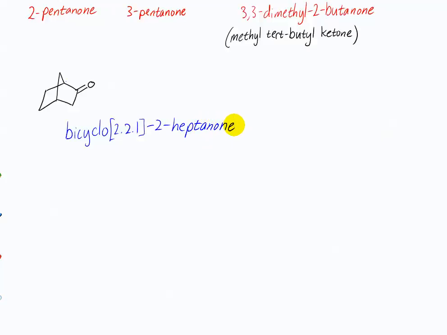All right. Is that it? No, because we have to account for stereochemistry. So where are the stereo centers? The bridgeheads, right? Yeah. So carbon 1 is a stereo center, and carbon 4 is a stereo center. And what's the stereochemistry of each of those? Well, let's look at them.